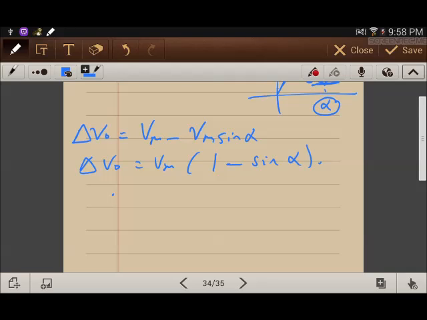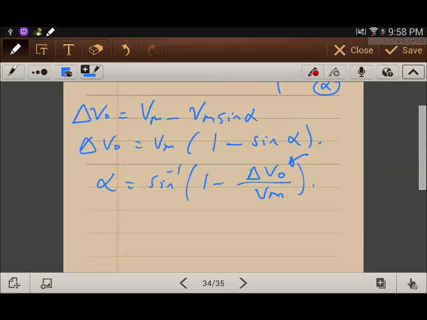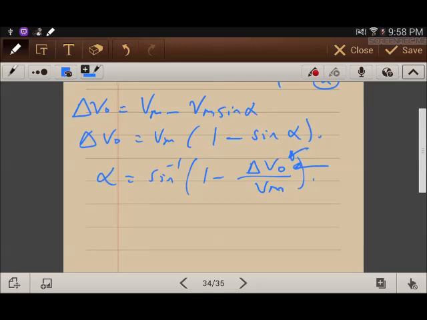So alpha also can be found by using this equation, sine inverse of 1 minus delta V out over V maximum. In some applications, the peak-to-peak ripple is determined or is given, and they want us to select the capacitor that achieves this peak-to-peak ripple voltage.